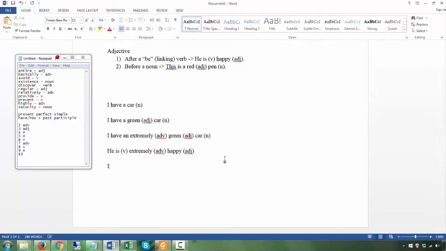I kicked the ball. Okay, so you have subject, verb, your past simple tense, and this is your object, which is a noun. Also, subject and objects are always nouns, right?